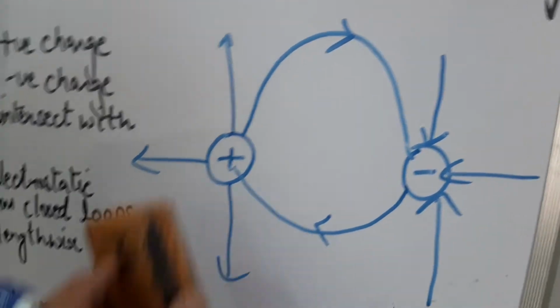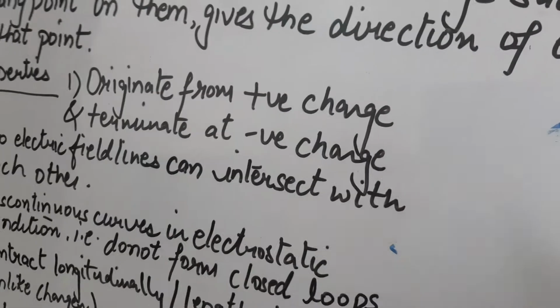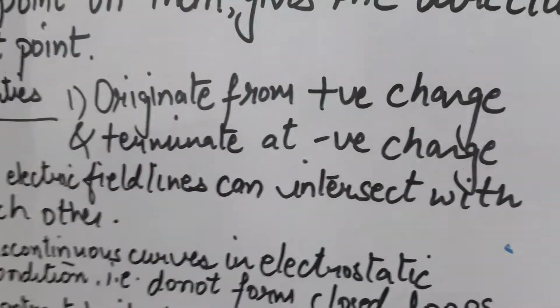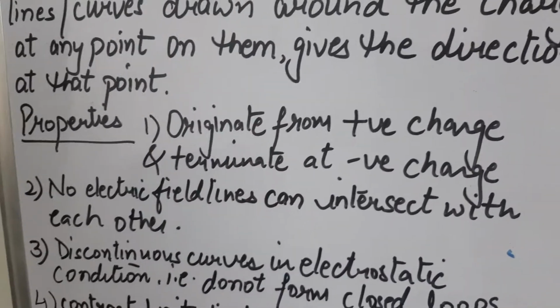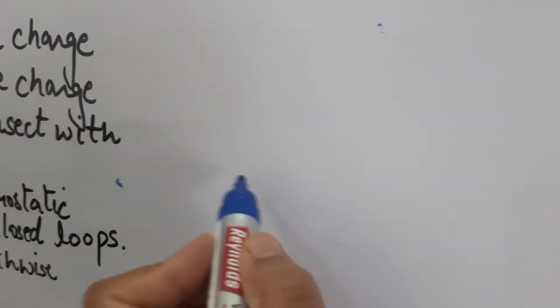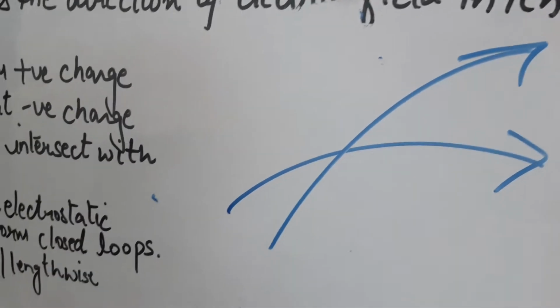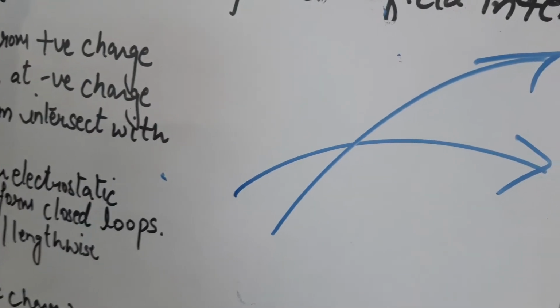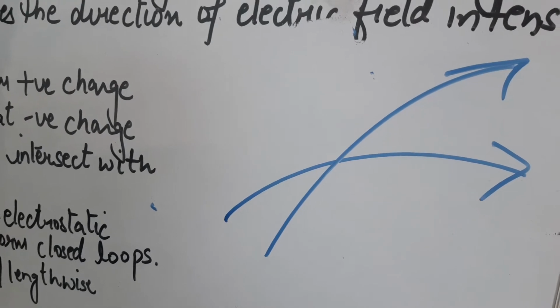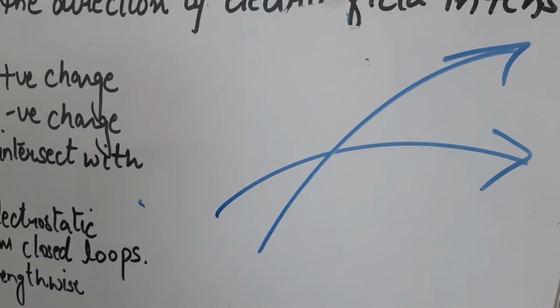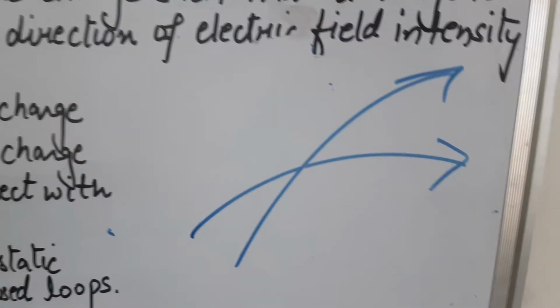Now let's move further to the second property. The second property says that no electric field lines can intersect with each other. Let us take an arbitrary case: suppose we have two electric field lines, and they are intersecting with each other. As per the definition, the tangent at any point gives the direction of electric field intensity, which is a vector quantity.